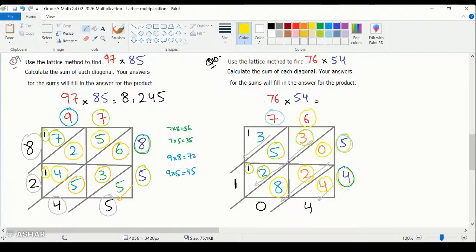And this is 3 plus 1 is 4. Therefore, the answer should come out to be 4,104. Let's verify. 76 into 54 comes out to be 4,104.